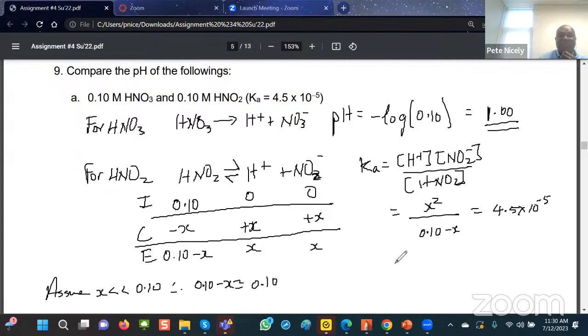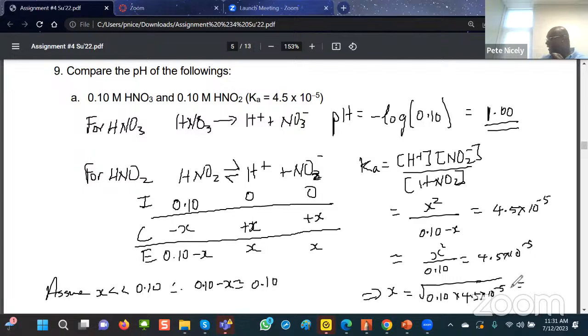So that simplifies this equation to X squared over 0.10 equal to 4.5 times 10 to the minus 5, which means X would be equal to the square root of 0.10 times 4.5 times 10 to the minus 5.